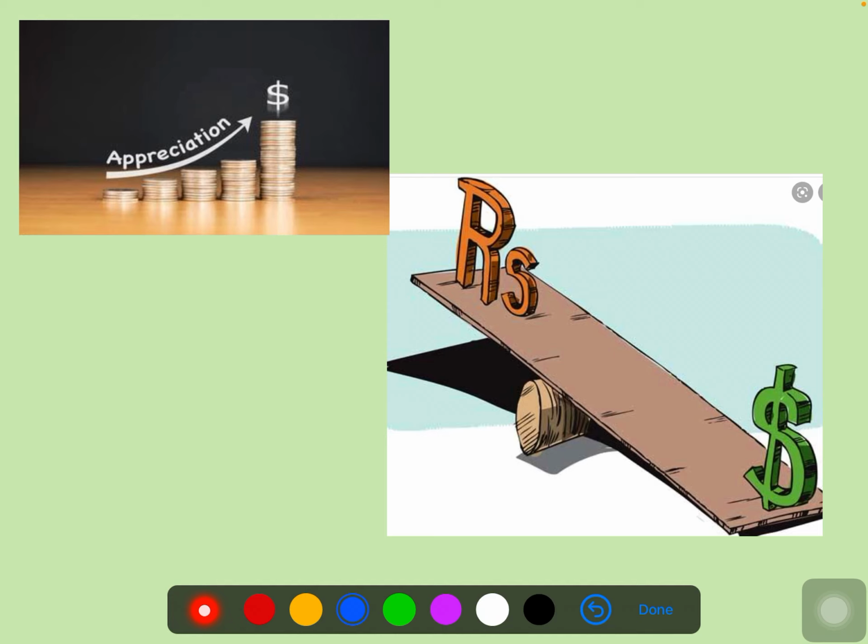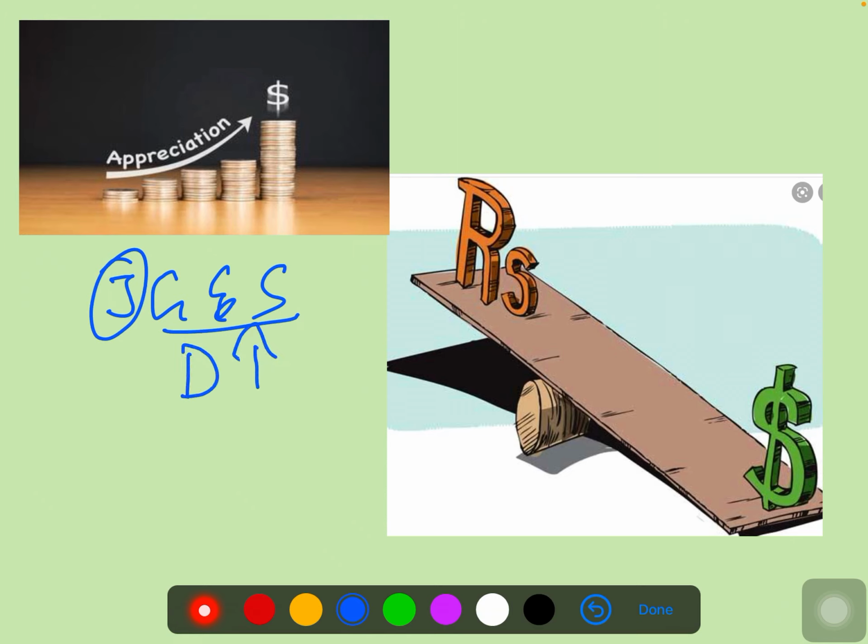On the other side, you have the appreciation of our currency. For example, everybody is interested in Indian goods and services. Everybody wants to purchase India's goods and services, so they are demanding them. Because of that, demand got increased. If they are demanding Indian goods and services, that means the demand for Indian currency got increased.